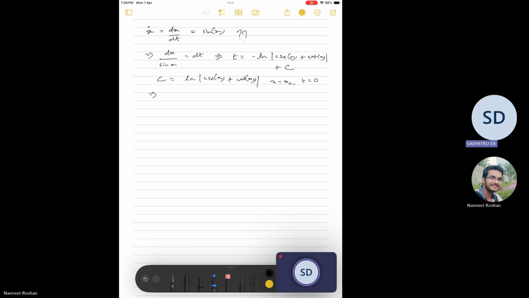So then the solution turns out to be t is equal to log of cosec x naught plus cot of x naught divided by cosec of x plus cot of x.